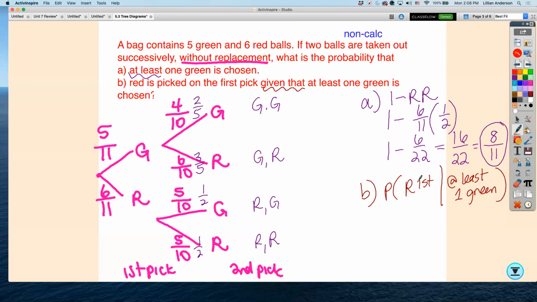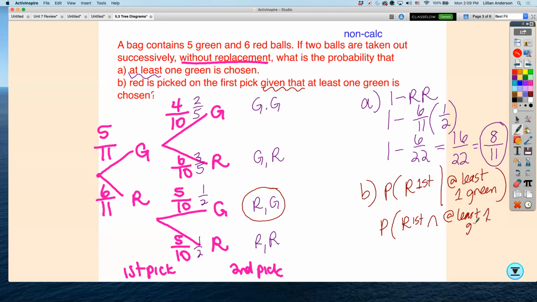Isn't that the third option? But we have to consider, well, that would be technically this here, but that's not just our final answer. If I use the formula, I want the probability that red is first and it's intersecting with at least one green.